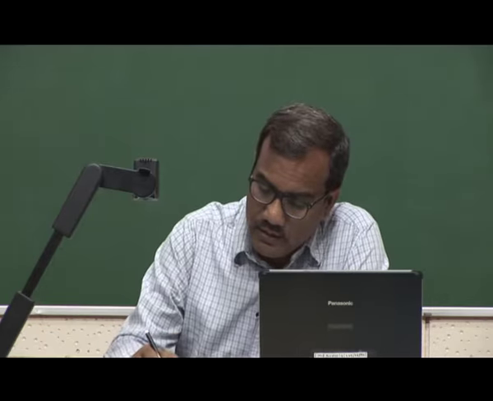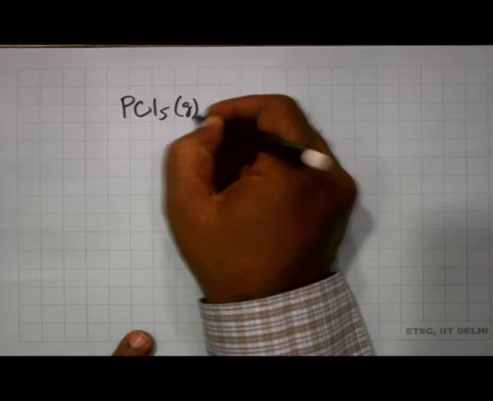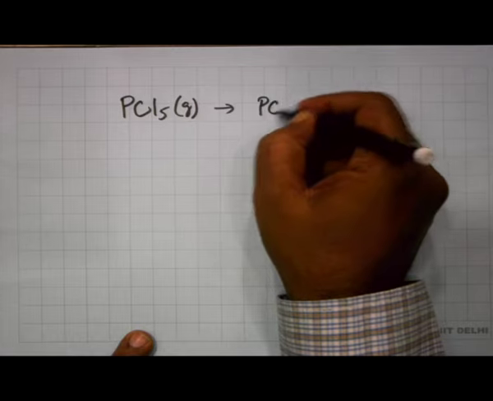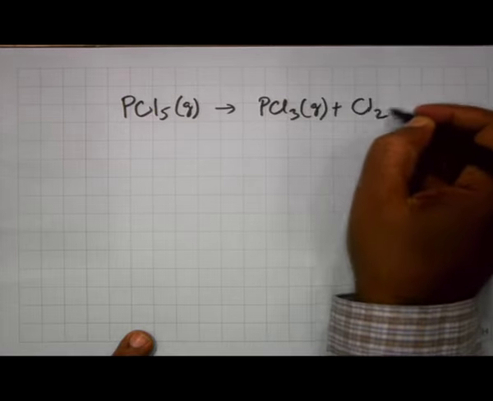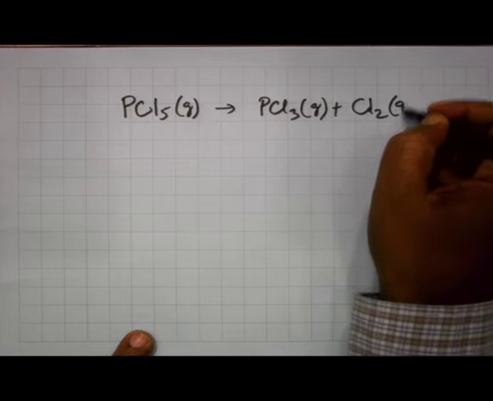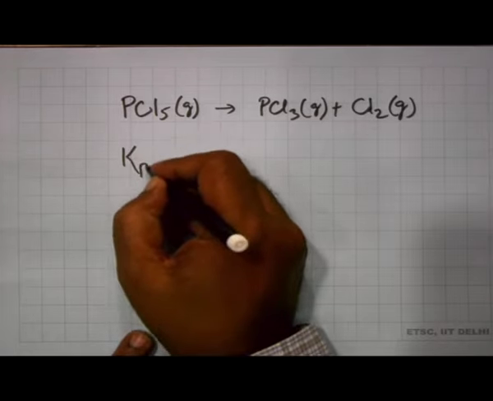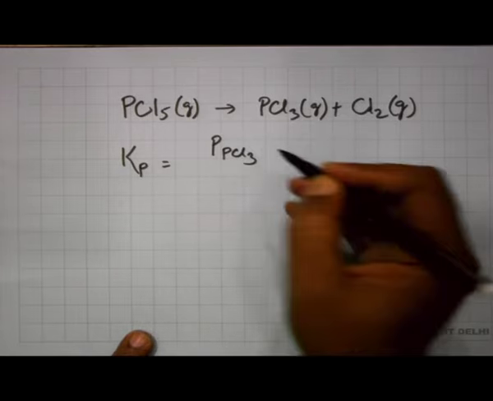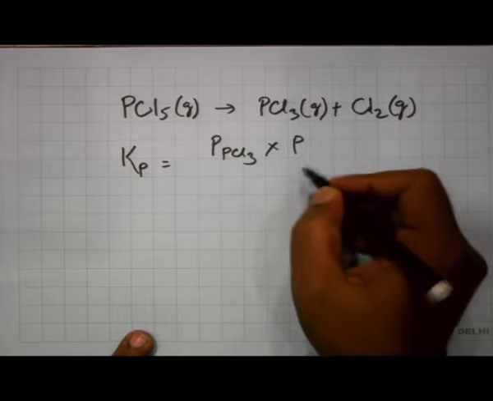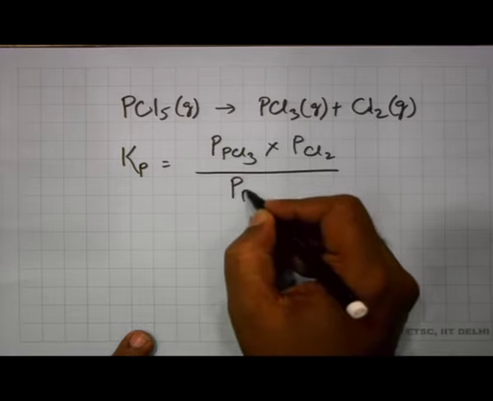I discussed this reaction: PCl5 gas giving PCl3 gas plus Cl2 gas. In this case, Kp can be written as the pressure of PCl3 times the pressure of Cl2 divided by the pressure of PCl5.